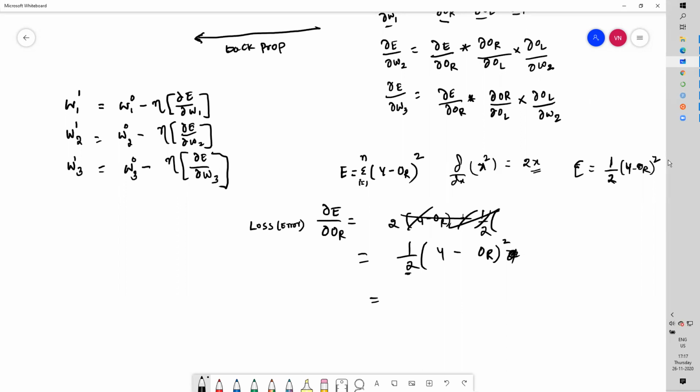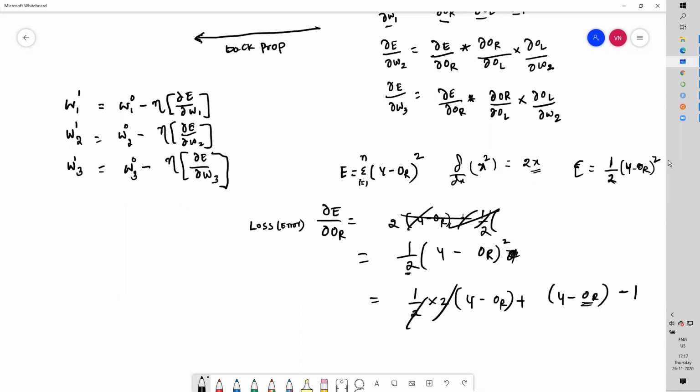Now we need to derive this. When we derive this, what happens? 1 by 2 into 2, so this 2 comes here, times y minus OR. That's what I wrote here, but I made a mistake in deriving that. Then, deriving the inner term, the derivative of y minus OR is going to be minus 1.